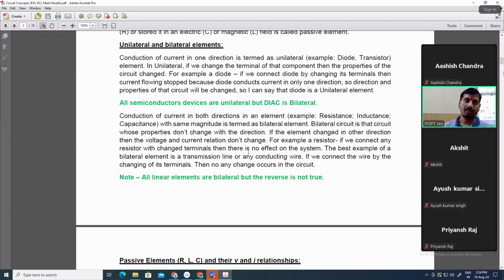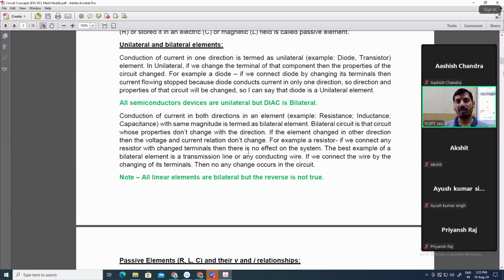The next categorization is unilateral and bilateral elements. Unilateral means the current flow is unidirectional. If the current flow is unidirectional in a particular element, that element is called a unidirectional or unilateral element.